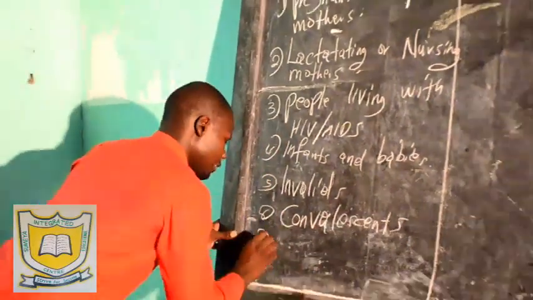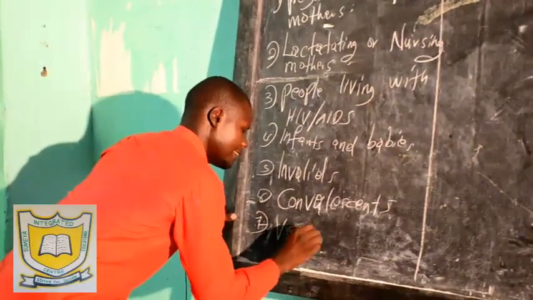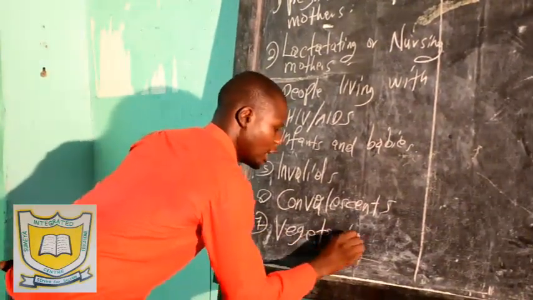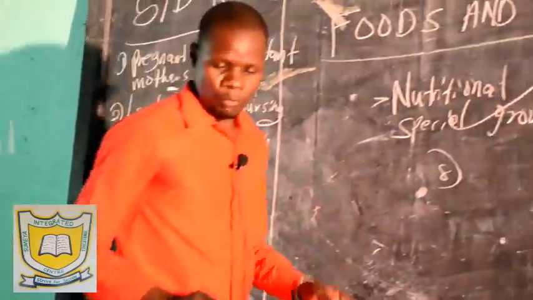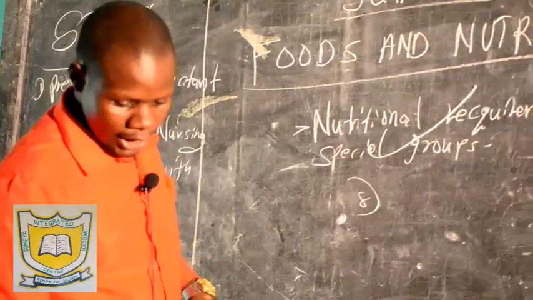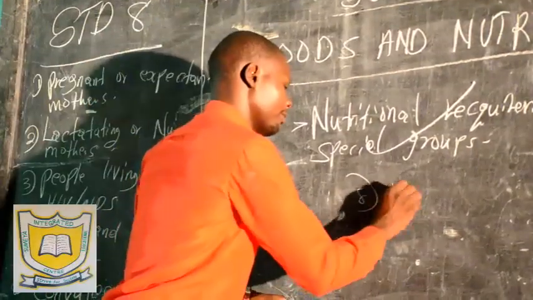We have number seven, vegetarians. We have number eight, elderly people.